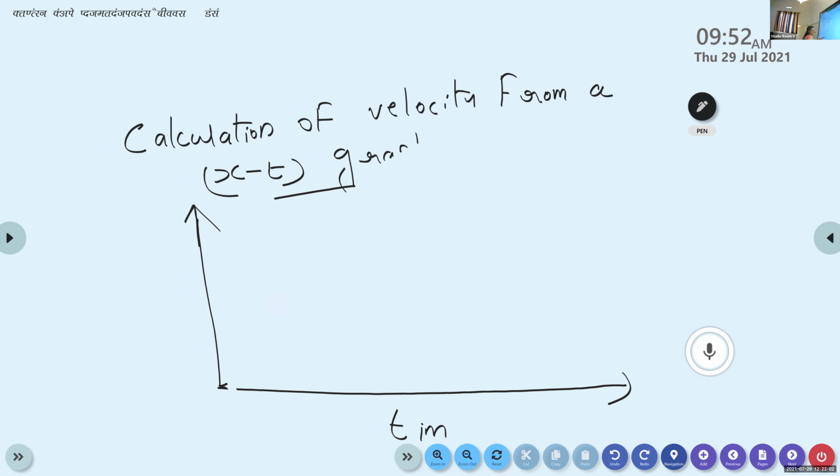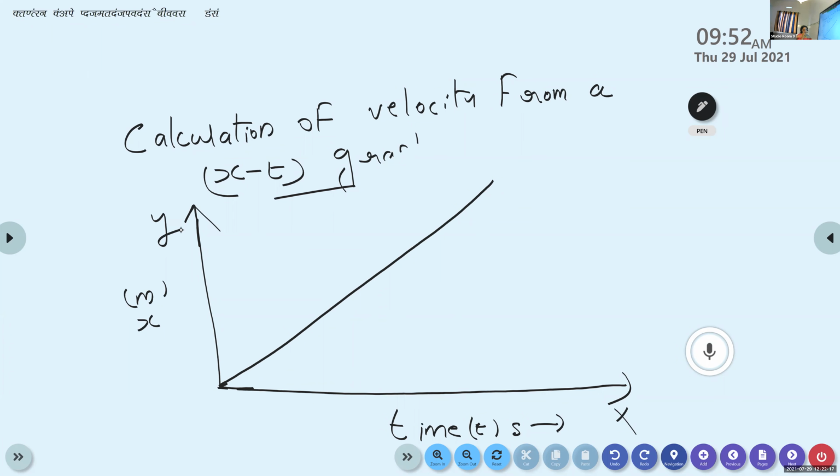It is a straight line, a slanting straight line. Okay, suppose we consider some points here.